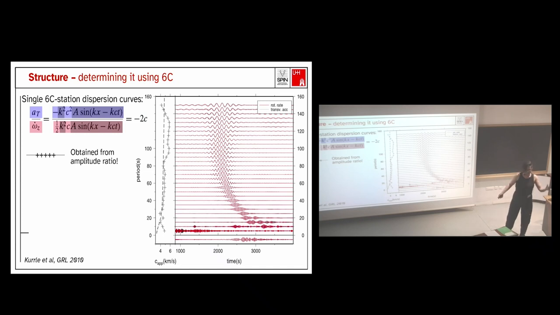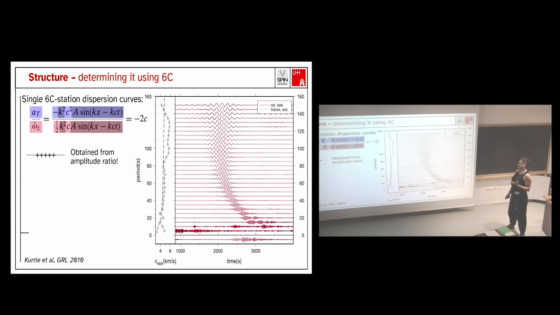You've all seen dispersion curves before. So here you see the group velocity quite nicely, and the profile here, the velocity profile of the apparent phase velocity, was obtained just from the ratio of the rotation rate here in red and the transverse acceleration from one measurement point. So it works.